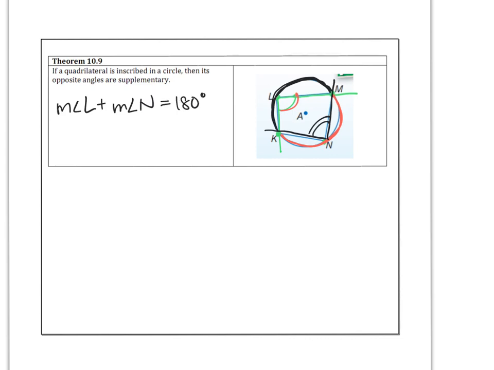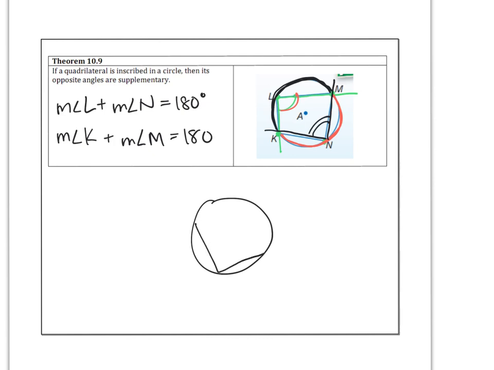The same also goes for K and M, so the measure of angle K plus the measure of angle M must also equal 180 degrees. So a quick summary, if you have a quadrilateral inside a circle, if you know one angle is 80 degrees, then the one across from it would be 100. They have to be supplementary. The opposite angles have to add up to 180.